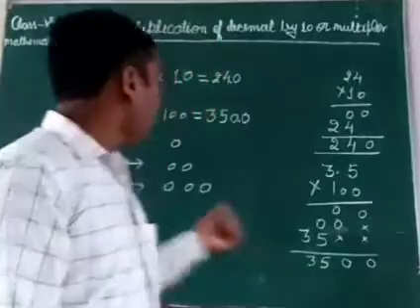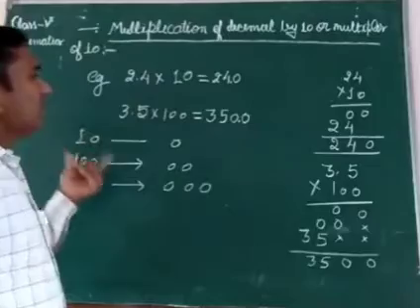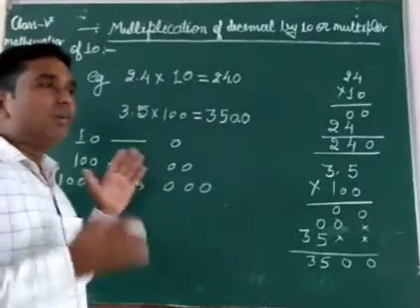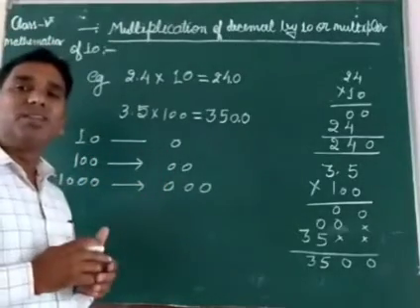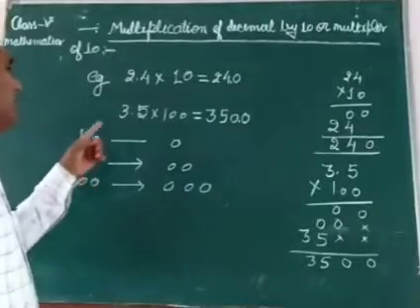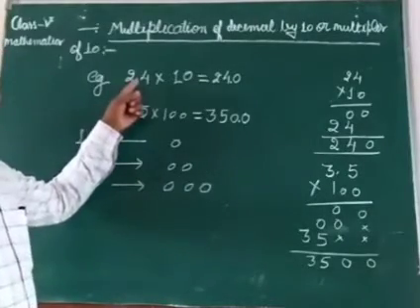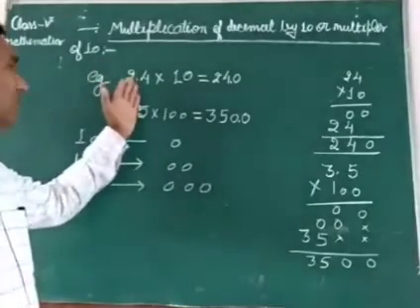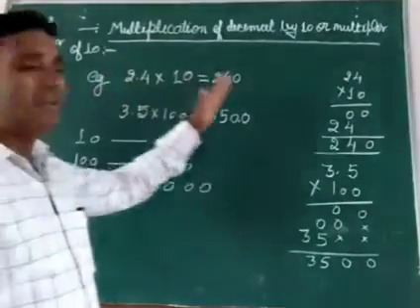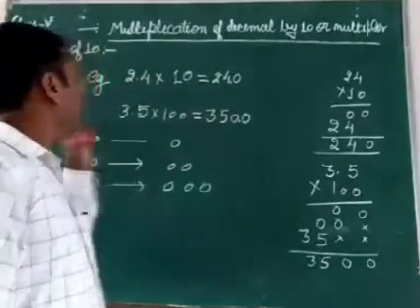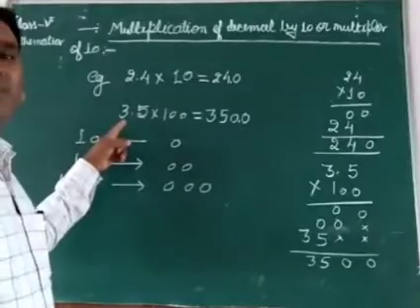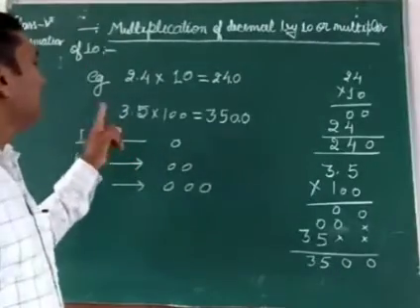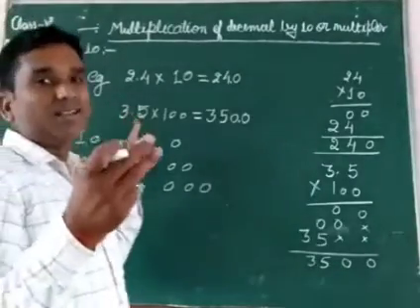Second, if there is a decimal point, what change will come in the decimal point? If you multiply a decimal number by 10, the decimal point will move 1 place to the right. If you multiply by 100, it will move 2 places right.